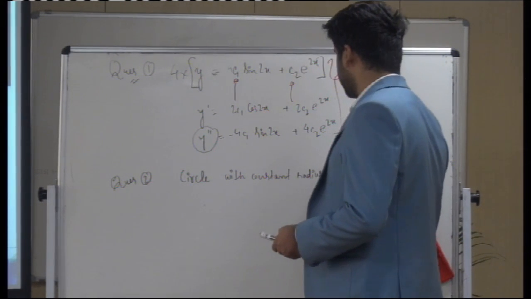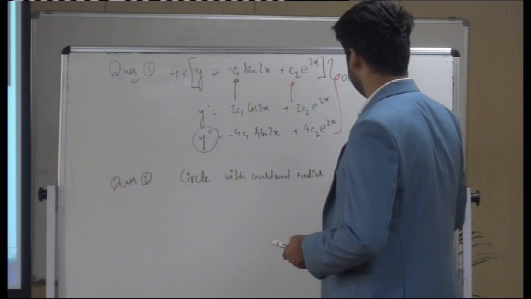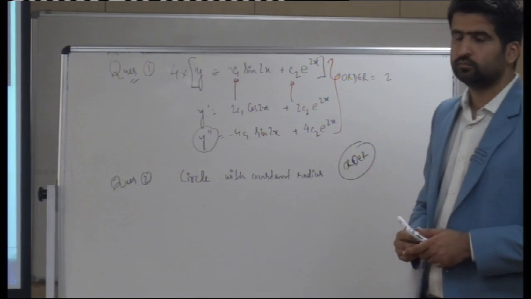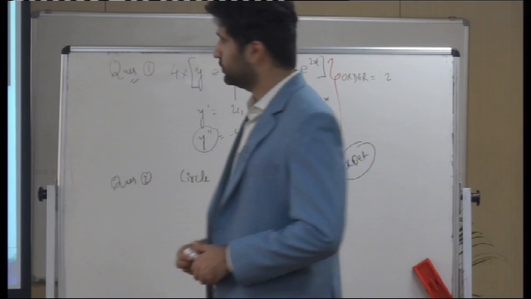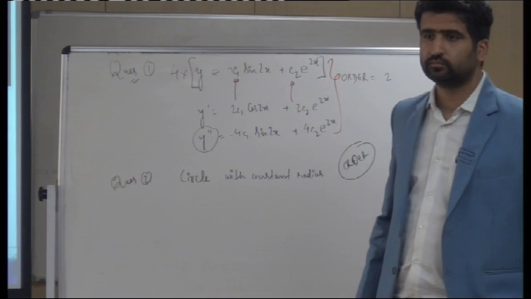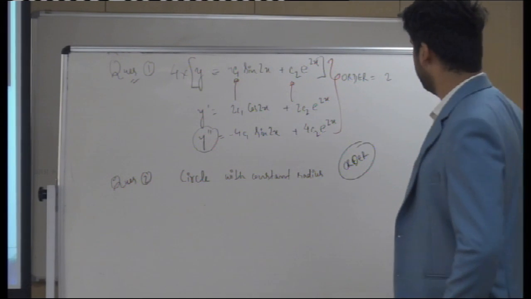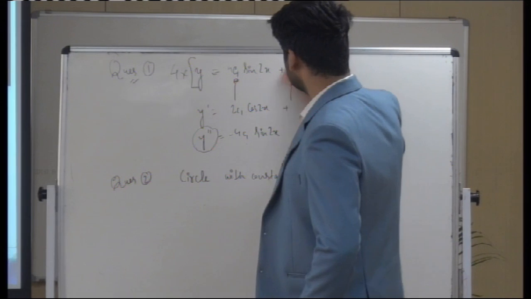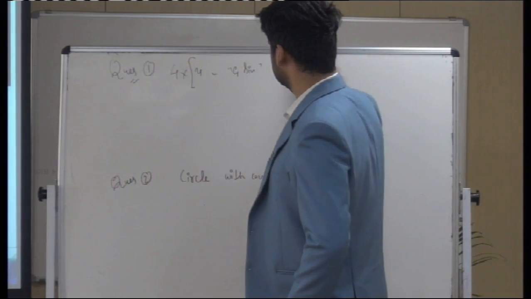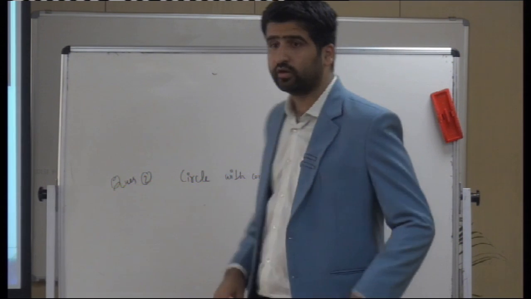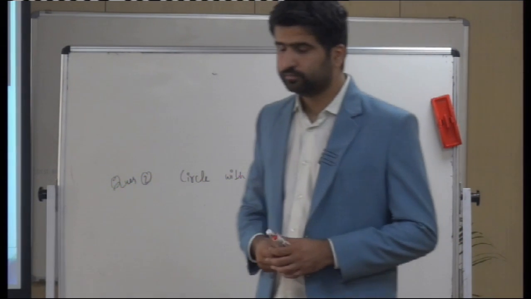So you have to determine the order here. There are two ways to do this question. Just tell me by solving it by either one of them. Order is 1. How?